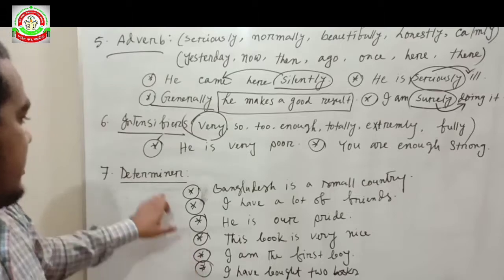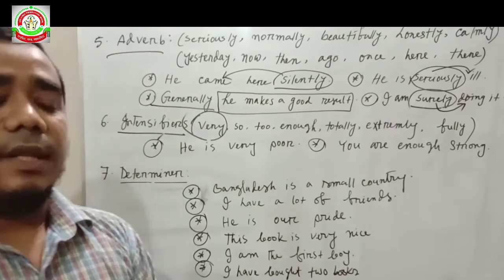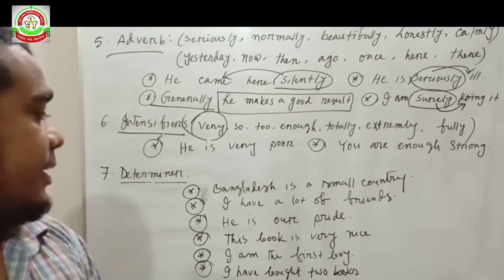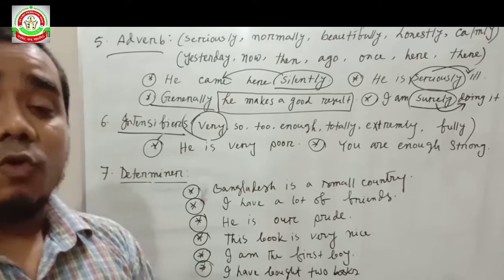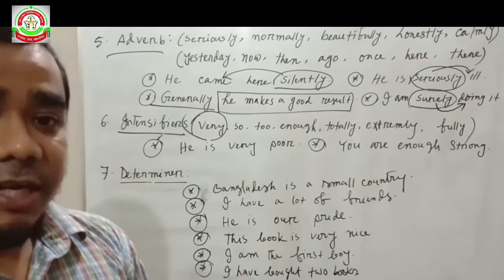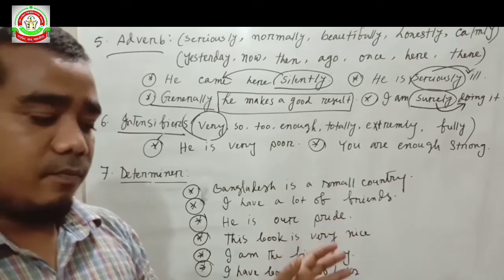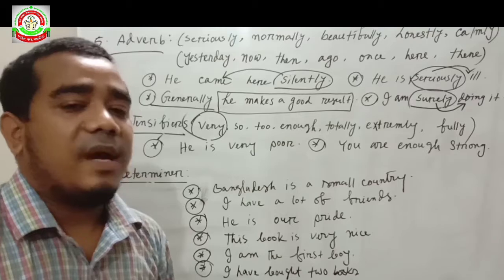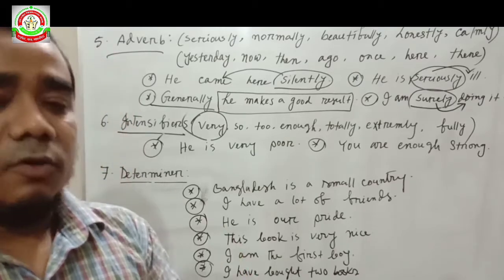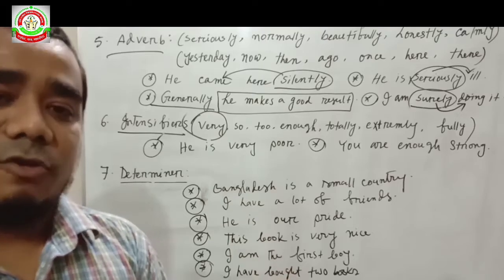Now we will discuss determiner. Determiner, we know, in our previous class I told you that determiner means article, possessive, quantifier, demonstrative, numerals, and numbers. All are called determiners. But when you are asked to use a determiner, you have to think about all kinds of determiners.